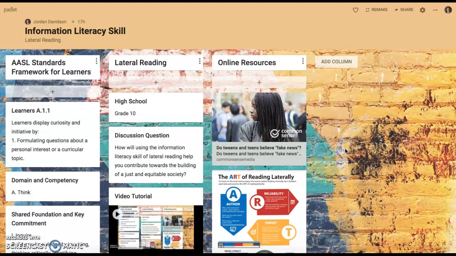Being able to leave the web page you are on and open other tabs in order to check who the author is, what other people are saying or writing about this author and their information, who might be funding or supporting this webpage helps you discern the validity and credibility of the information. And thus, lateral reading is a critical literacy tool that will protect you from being vulnerable to the dangers of false information and also support an engagement in lifelong learning.